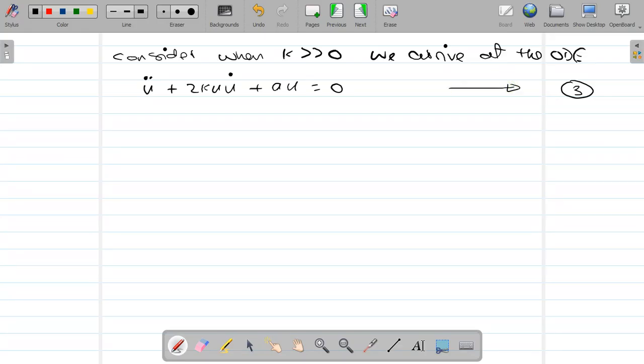Again, we established that this is a non-linear ordinary differential equation because of the coefficient of u in front of the u dot. If that u had been a t, that whole equation would have been linear. Because this is d squared u by dt squared plus 2 kappa u du by dt plus a u equals 0.